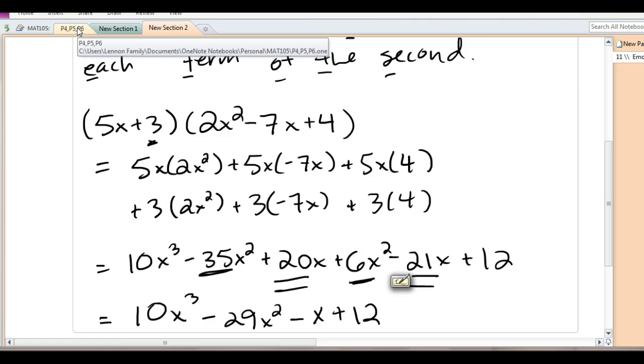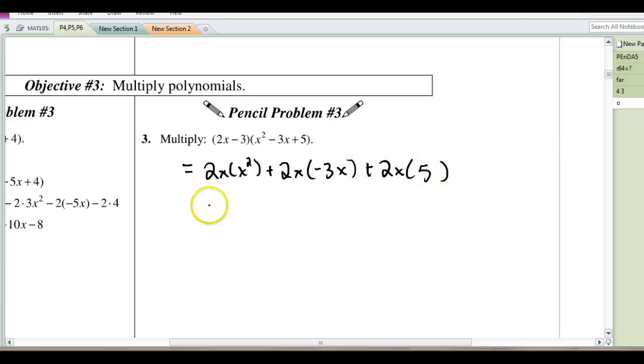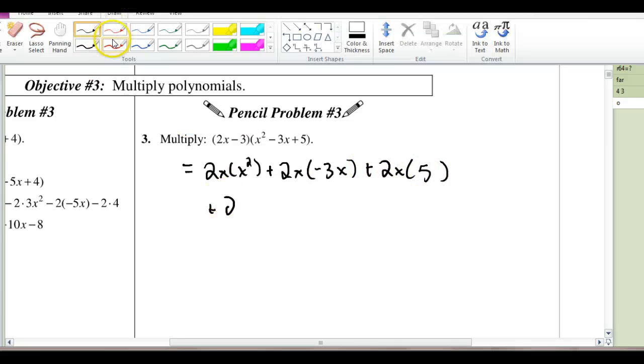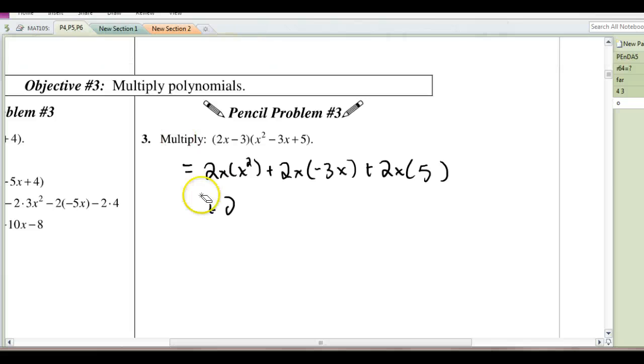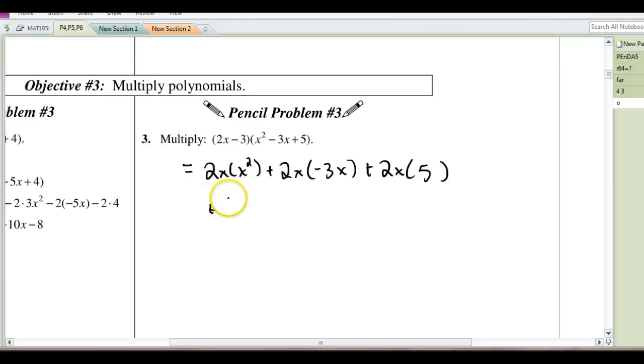All right. So let's go back to the learning guide, and we have some activities on there. So here's a good way to do ETO-TF-TE-TO-TS. We're going to do 2x times x squared plus 2x times negative 3x plus 2x times 5. Now we got to move on to the minus 3.